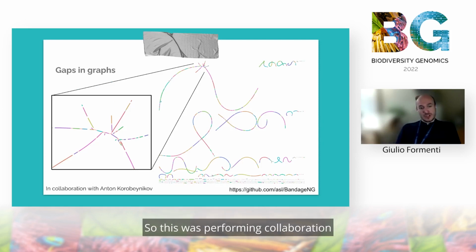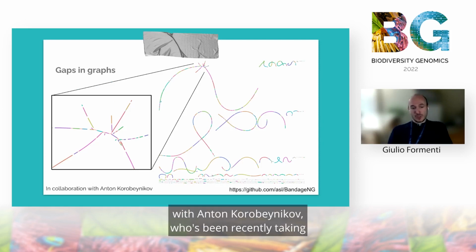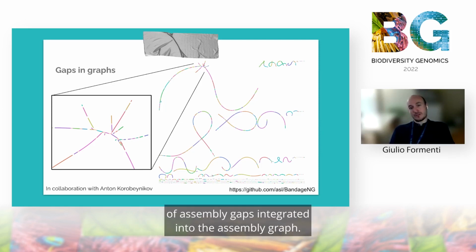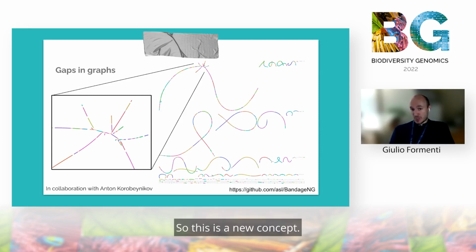So this is an example of the kind of manipulations that we're talking about. This was performed in collaboration with Anton Korobeynikov, who has recently taken over the maintenance of Bandage-NG, the new version of Bandage to visualize assembly graphs. And here you can see the first example of assembly gaps integrated into the assembly graph. So this is a new concept.